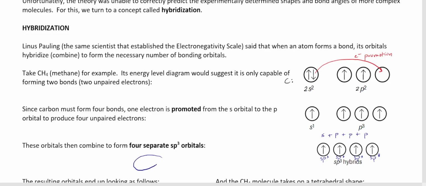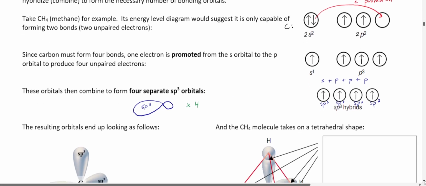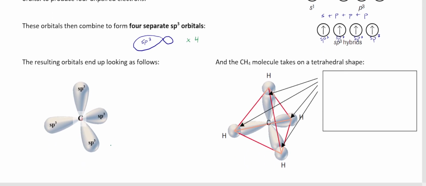They've got a big lobe because they're incorporating part of the s features, and then they also have two lobes because they are also incorporating features of the p orbitals. There are four of them, and now that they all have one electron in them, carbon is able to make the four bonds we know it is capable of making.